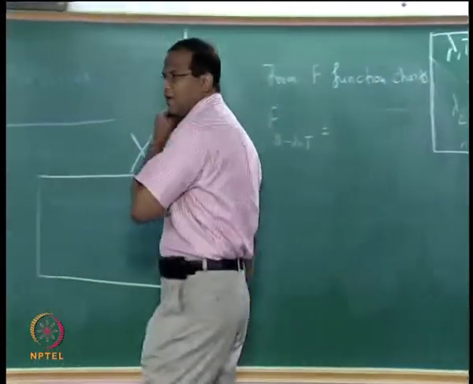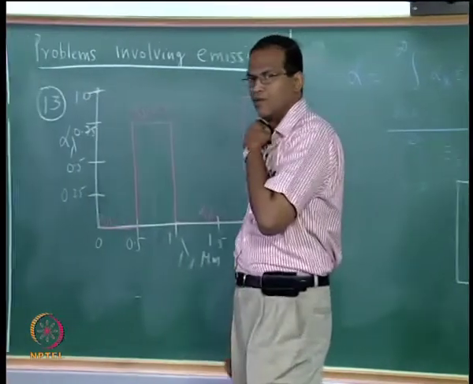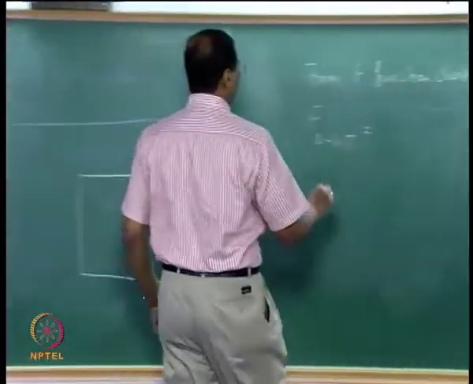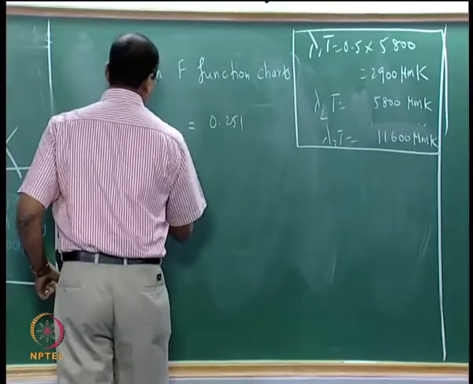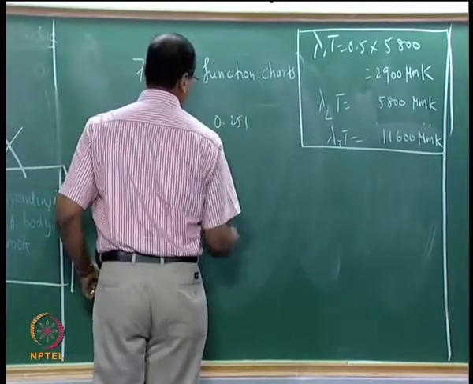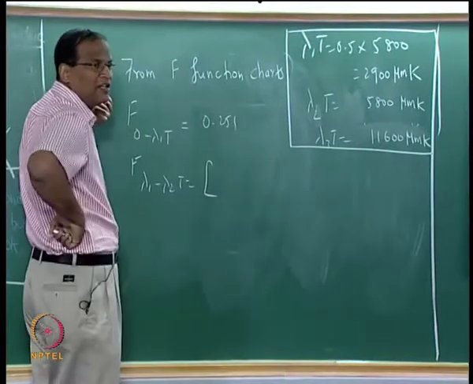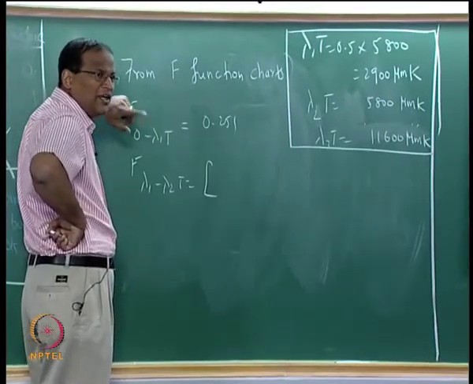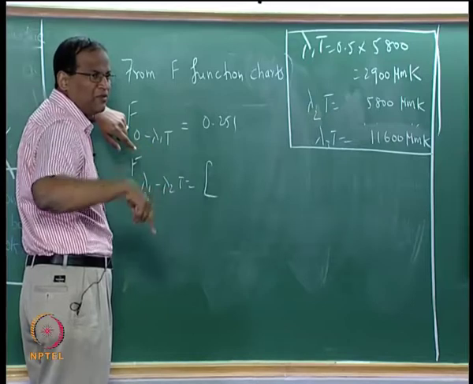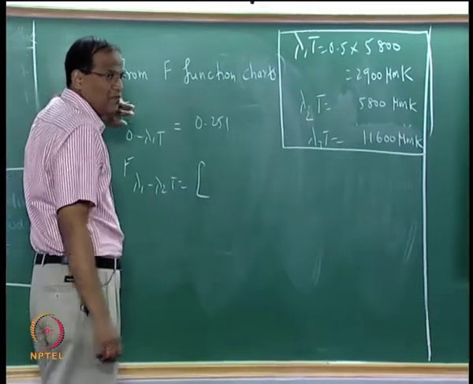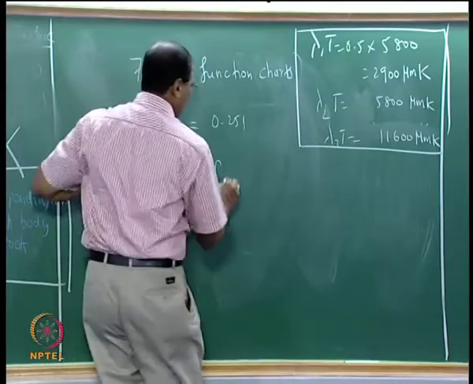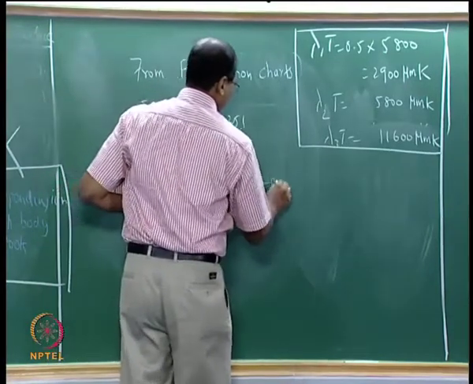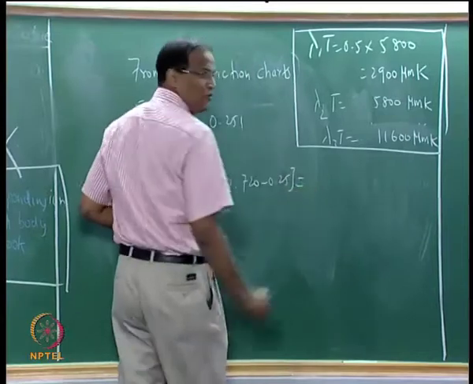Okay, f of 0 to lambda 1 is 0.25. Okay, f of lambda 1 to lambda 2 is something minus 0.25, what is that? Tell me before subtracting. Minus 0.25, 0.720, how much is this? 0.47?